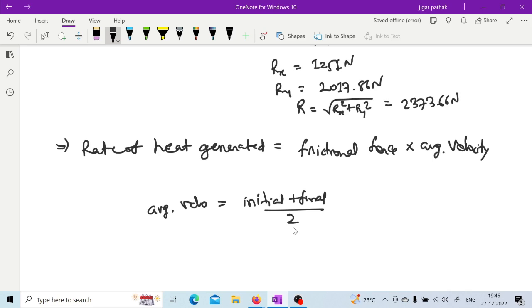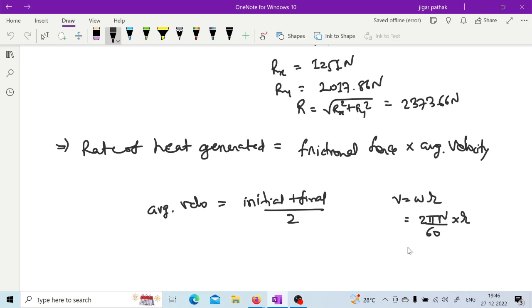Basically that velocity is nothing but omega into r, right? So omega is 2 pi N by 60 into r, whatever is given. N is given as 100 and r is 0.2, correct?